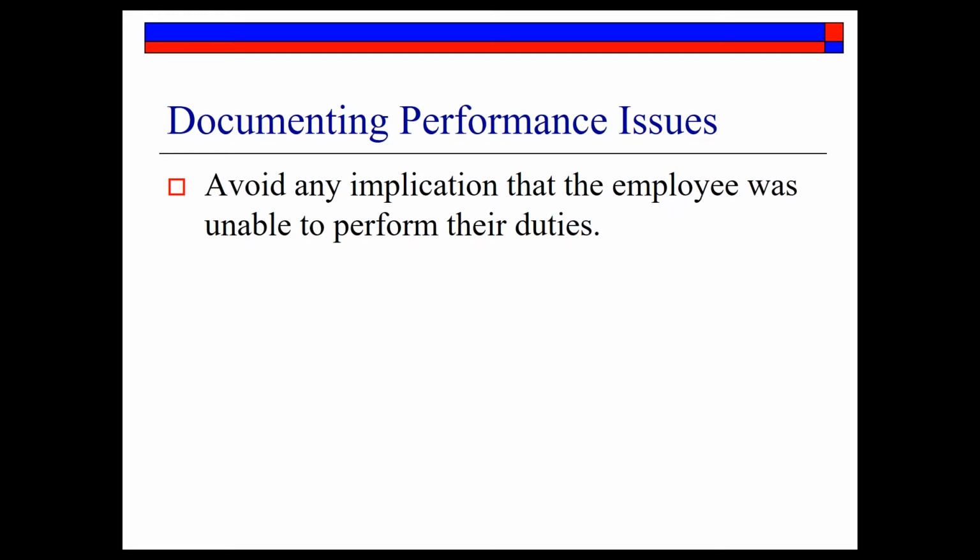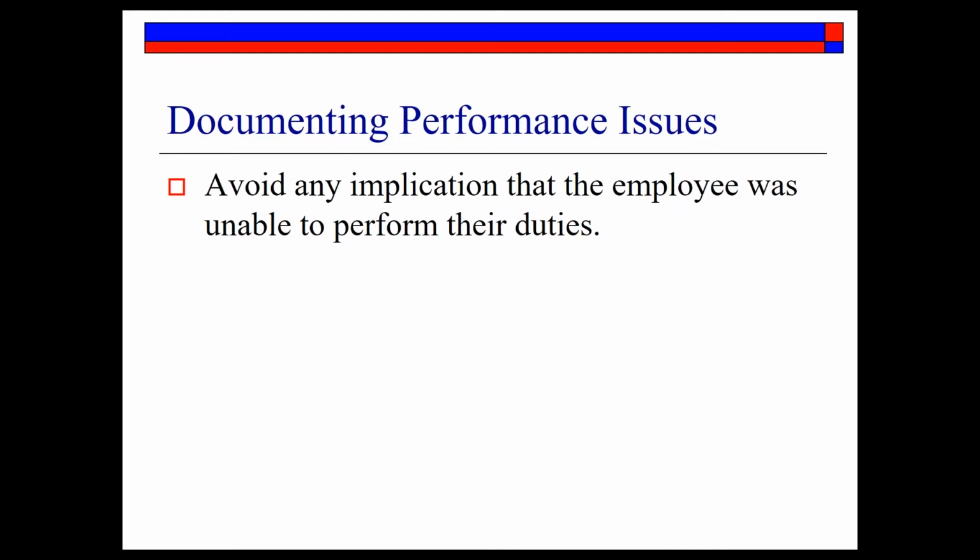When you begin the written warning with the statement, "Joe was unable" or "Joe is incapable of performing his duties or understanding what is required of him," or whatever wording you want to use, you've given the examiner who's adjudicating that unemployment claim carte blanche to just stop right there, because you have basically gone a long way in telling them exactly what they want to hear: Joe was not capable of doing the job.